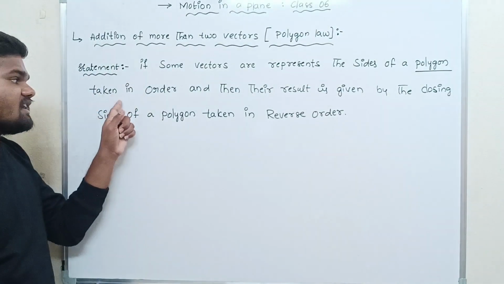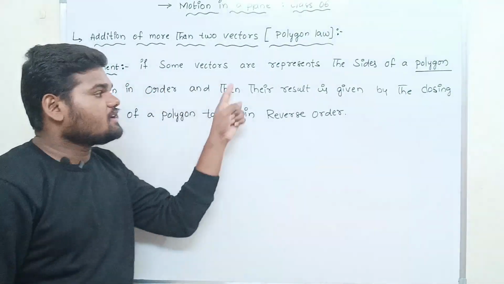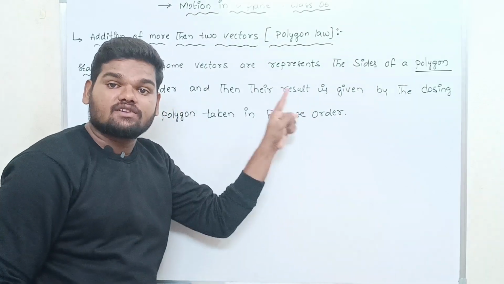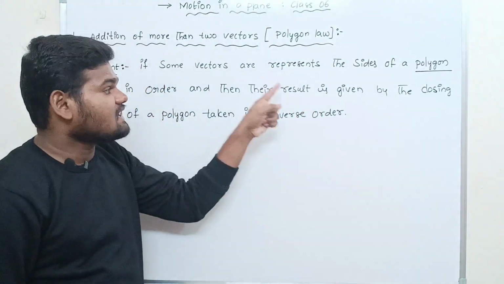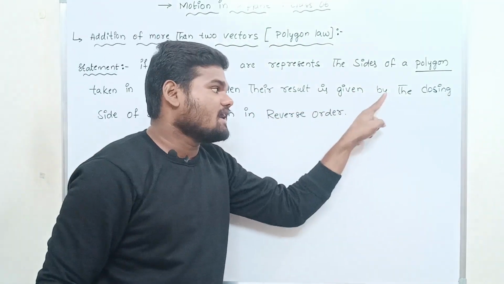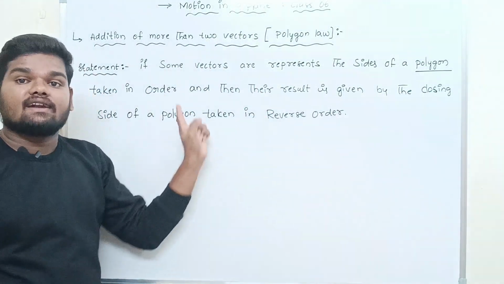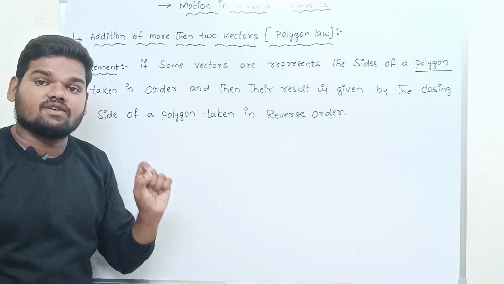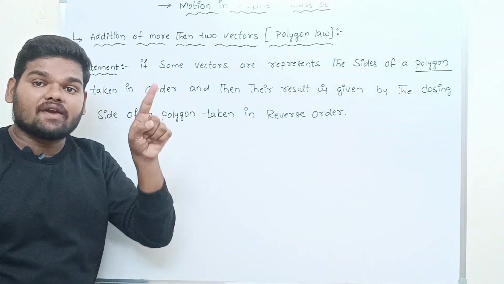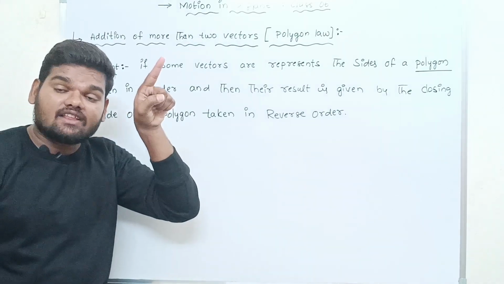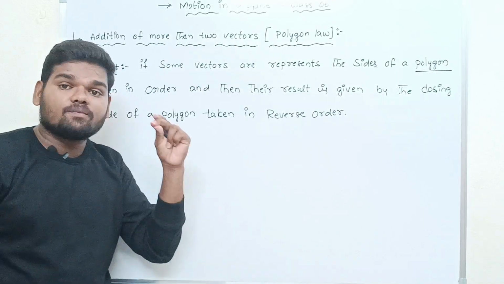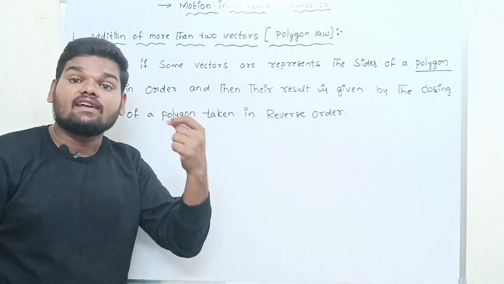If you want to find their resultant, then you have to close the polygon, and the closing vector, taken in reverse order, is the resultant.